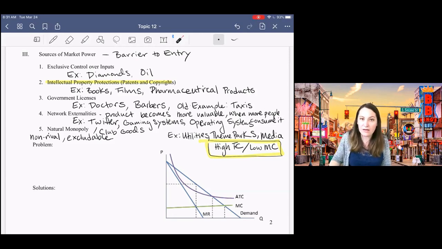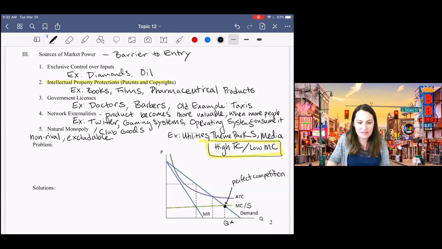So what would the competitive market equilibrium be? Well, the competitive market equilibrium would be where supply equals demand, or price equals marginal cost. What is the problem with this point? Well, now that I have my average total cost curve on this graph, I can easily see that at this price here, profits are going to be negative. Why? Because my price is below my average total cost curve.